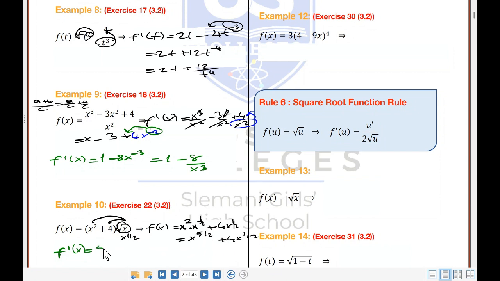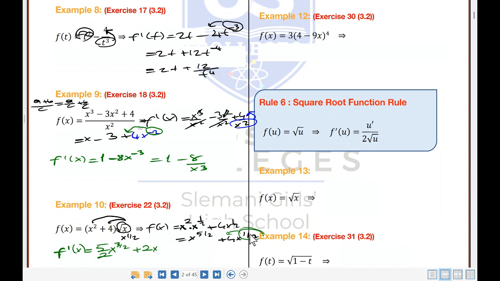Power comes out in front, 5 over 2. The exponent decreases by 1, 5 over 2 minus 1, 3 over 2, plus the exponent comes out in front, 1 over 2 times 4, 2, x to the power of.